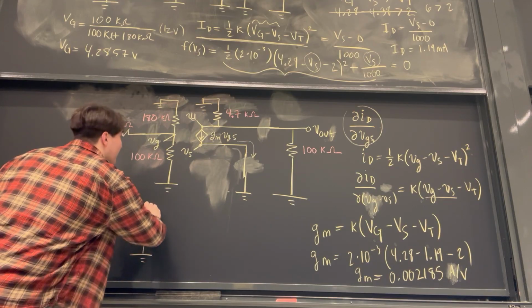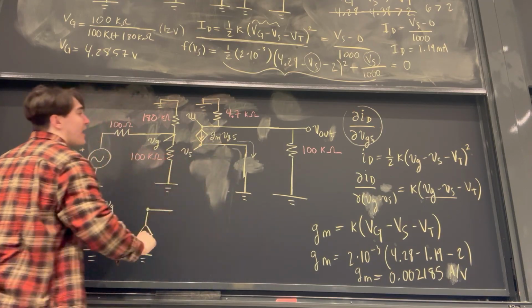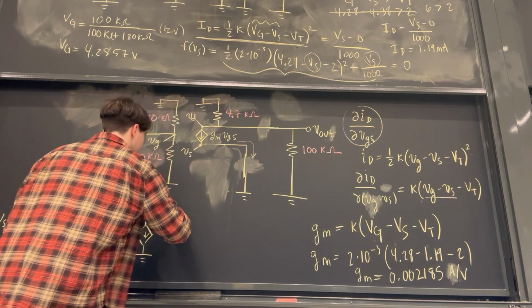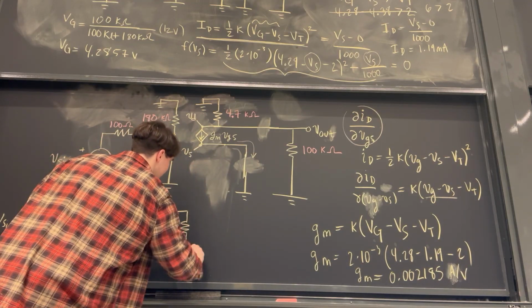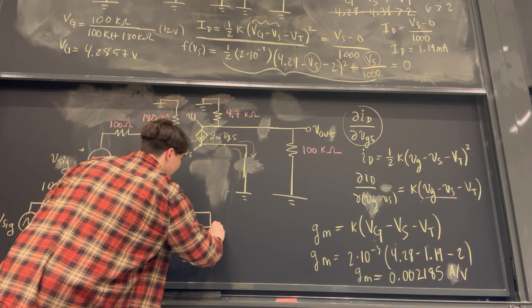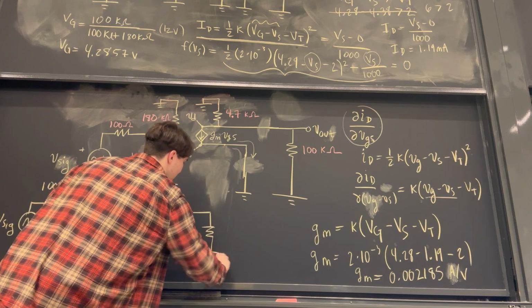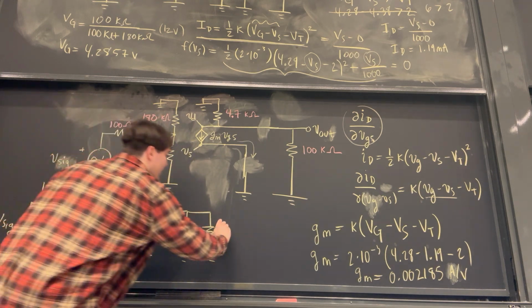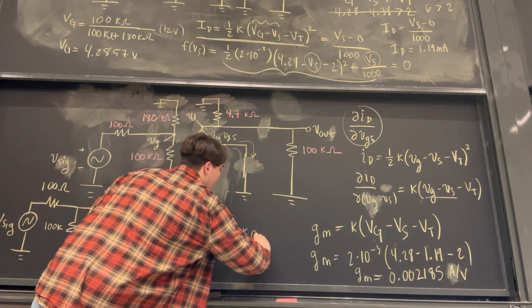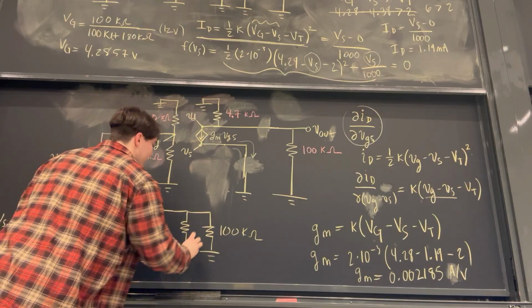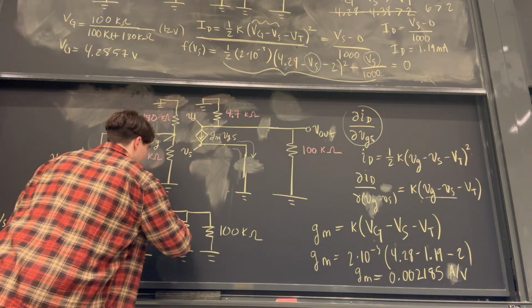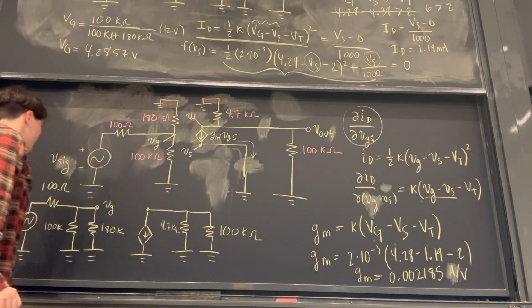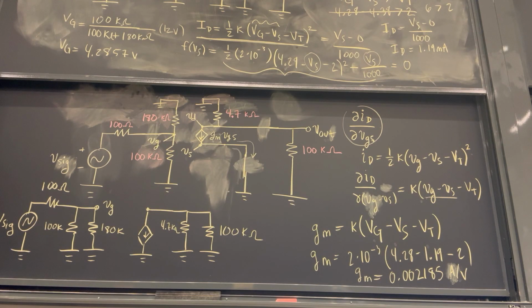This diamond leads to ground. And it just comes from these two resistors, which also come from ground. Literally 100 kilo ohms and 4.7 kilo ohms.